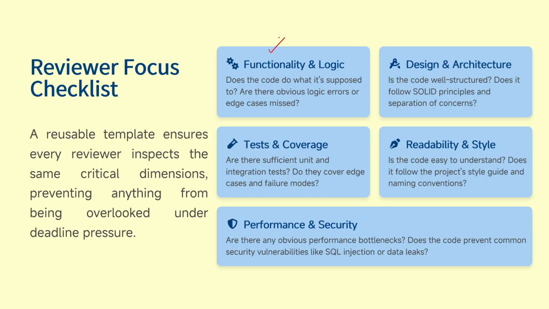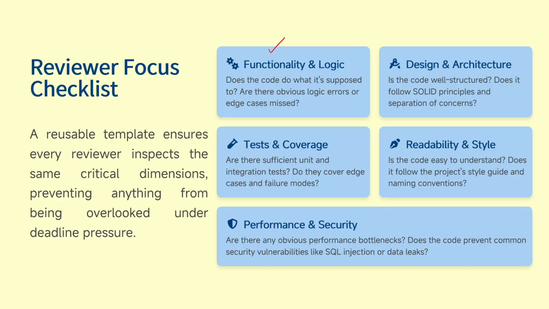So what is the checklist? In the earlier slide, in the peer review, we understood that there will be a checklist, and those are the points we have to check in the code. So what are they going to check? They will look at functionality and logic. This is the main thing. Forget about the non-functional requirements.